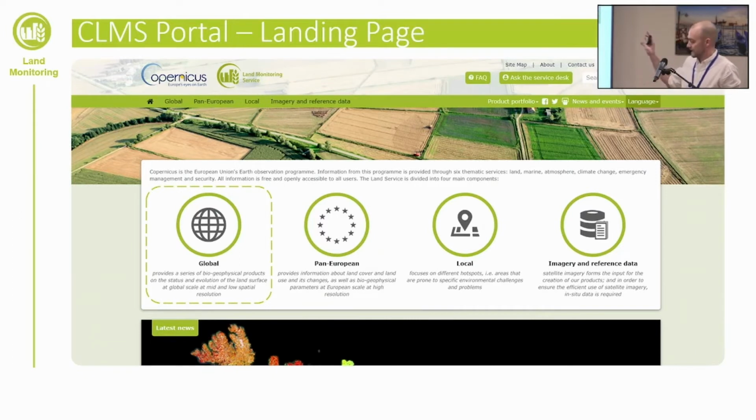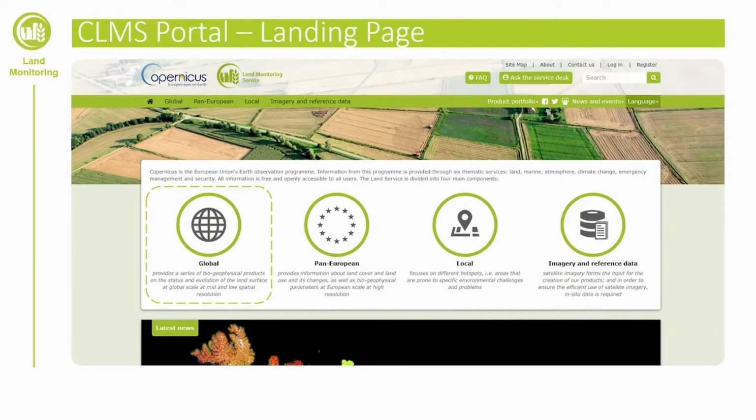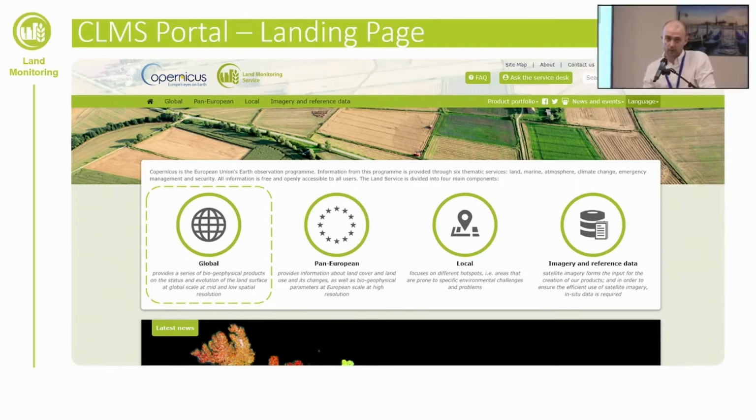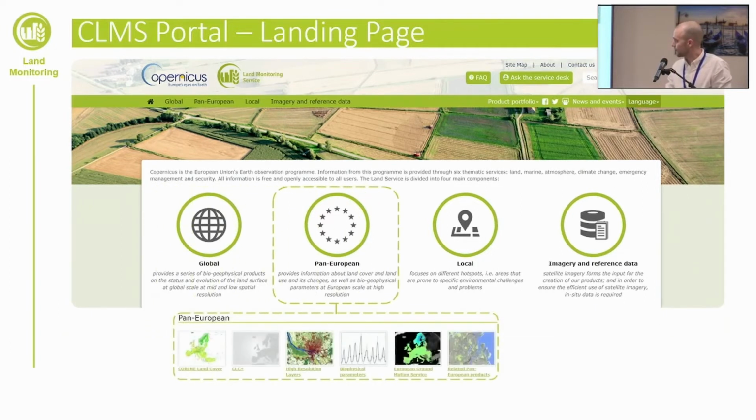On the landing page we have the four major categories. We link here to the global, which sends you to a different portal, the global components portal. But for our production, we have the pan-European, the local, and the imagery and reference data.